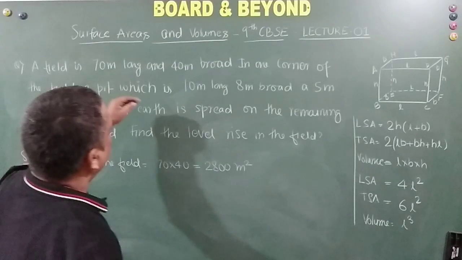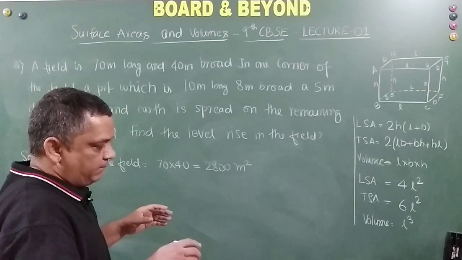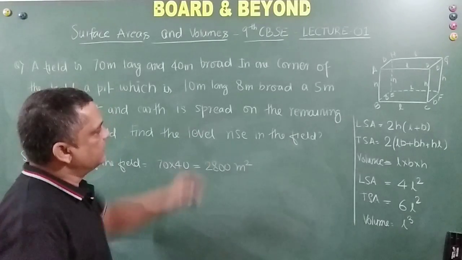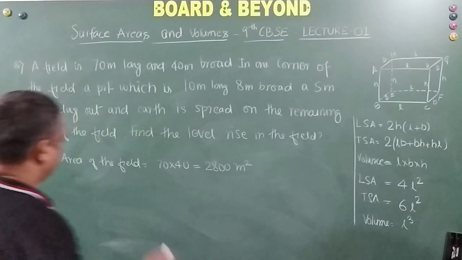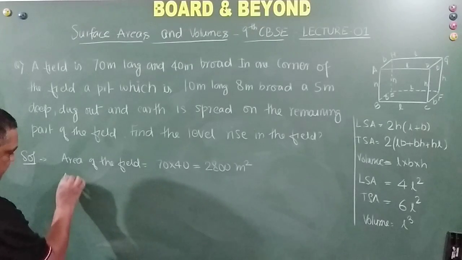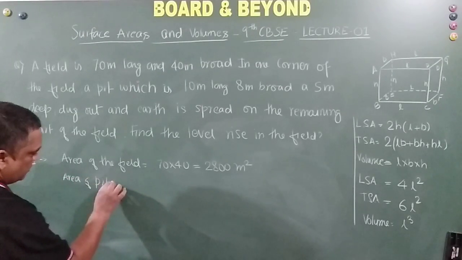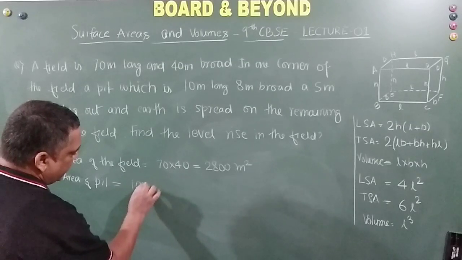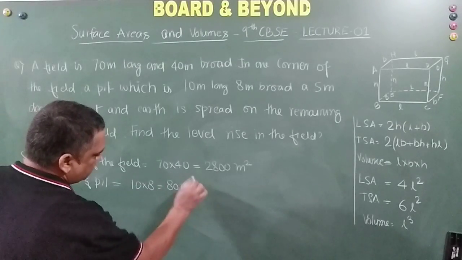Now how much area is getting deducted from this? The area of the pit, that is 10 meter long and 8 meter broad. So area of pit is equal to 10 into 8, that is 80 meters square, right?